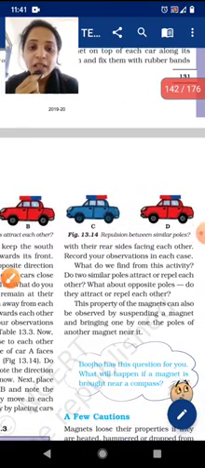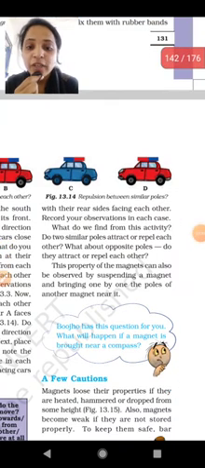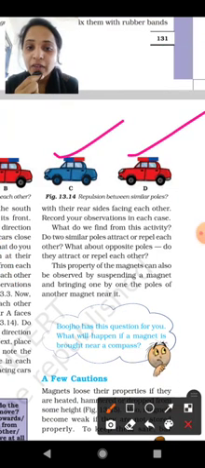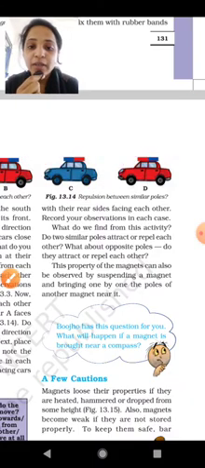See, the cars are not facing each other. This car is on the front side, and car B is facing the back side of car A.